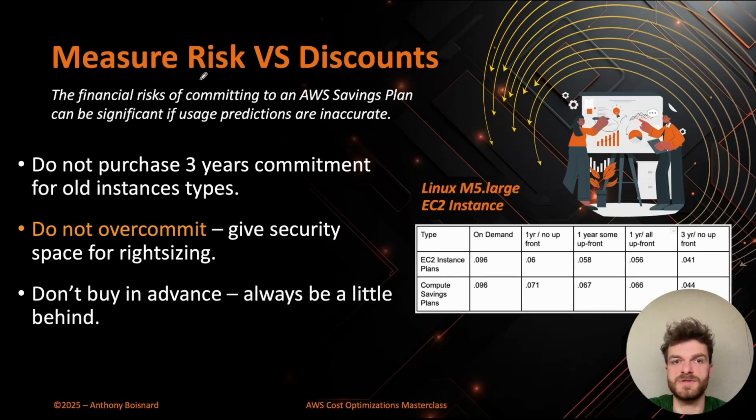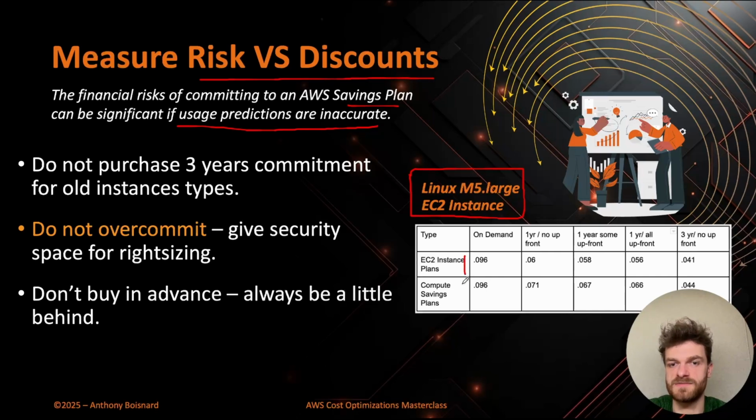Then you have to measure the risk versus the discounts, because the financial risk of committing to an AWS savings plan or reserved instance can be significant if usage predictions are inaccurate. So, for example, you take here the Linux M5.large EC2 instance, and you get the two different types of commitments with EC2 instance plans and compute savings plans.